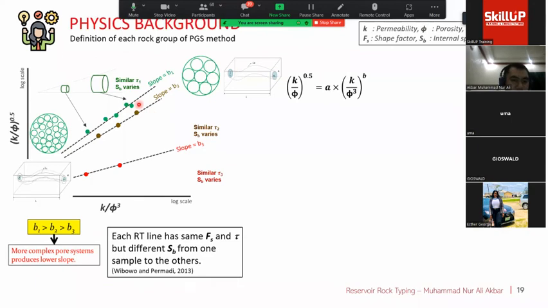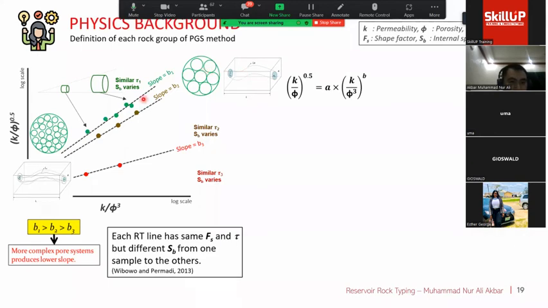If you have the higher porosity-permeability in this part, meaning that you have good porosity, the pore system in the rocks has smaller tortuosity, and the pore shape factor is increasing.